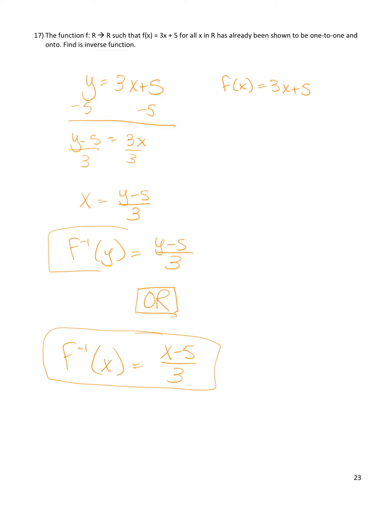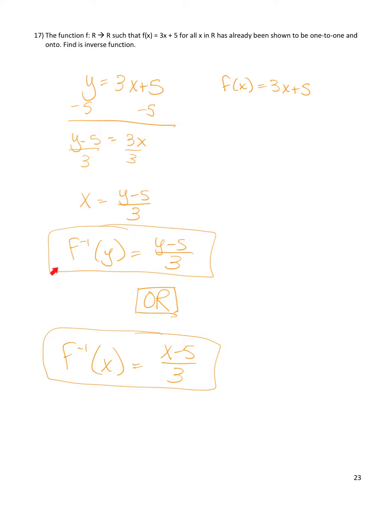So these are just two ways of answering the same question, of finding an inverse function f. This one uses the conventional x as an input, right? This one makes it clear that this is an inverse function because it's using y as the input, meaning it used to be an output.